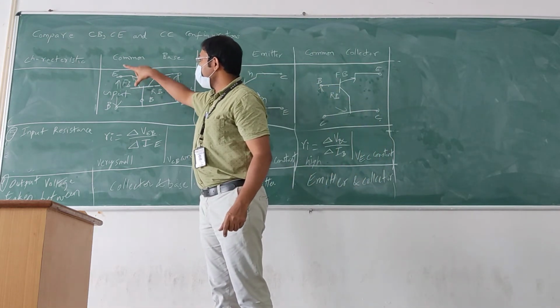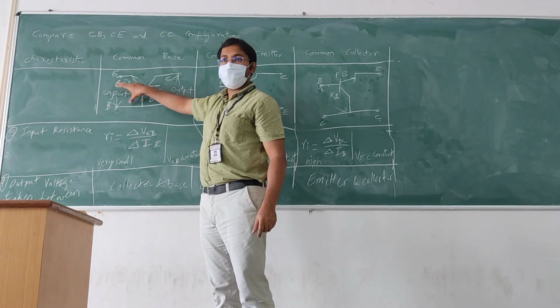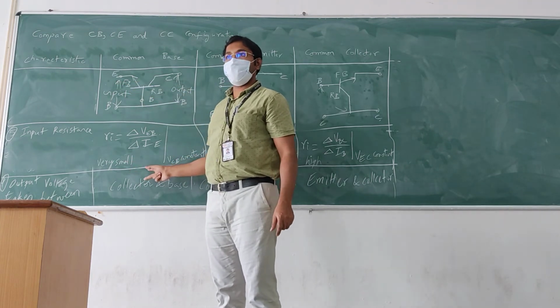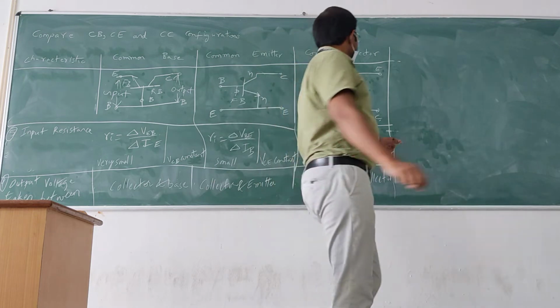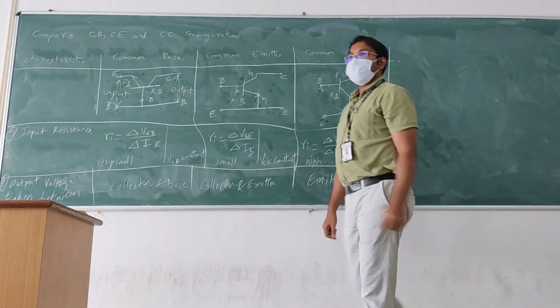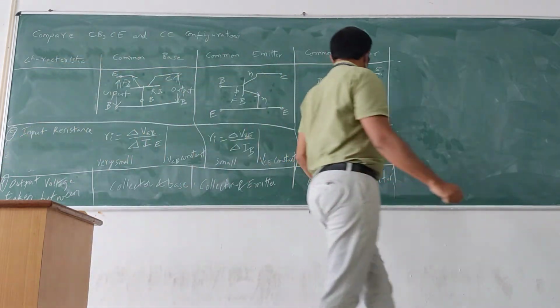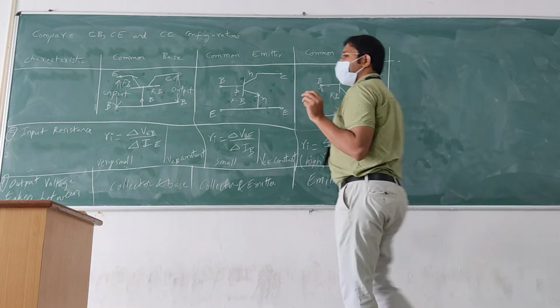Directly we are taking across forward bias, so resistance is obviously very small. In this case we are taking across reverse bias, this is high.